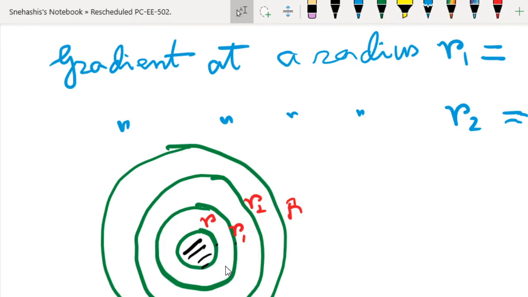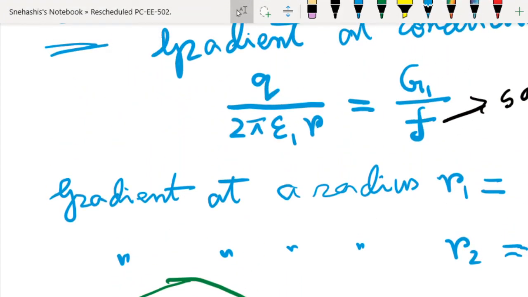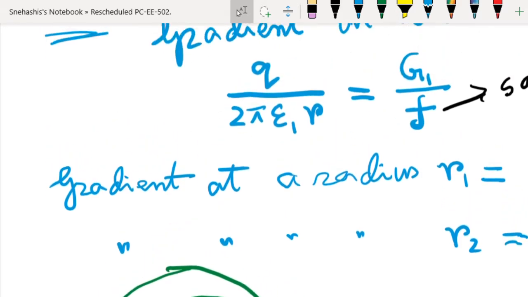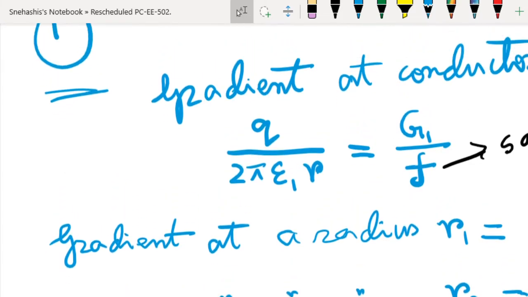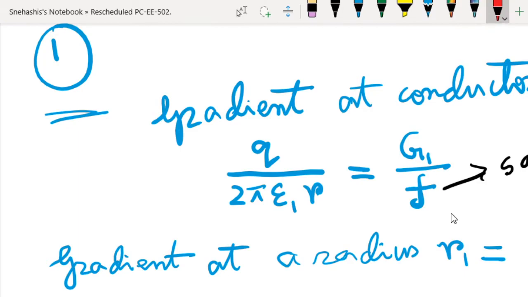From core to layer 1, the permittivity is epsilon 1. From layer 1 to layer 2, permittivity epsilon 2. From layer 2 to layer 3, permittivity is epsilon 3. And here the relations are there for working stresses. Okay, it will be clear. First refer to the diagram, then again go with these expressions that I have obtained for the same safety factor. Suppose this is equation number 1, this is equation number 2, and this is equation number 3.